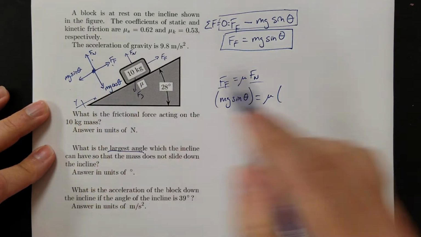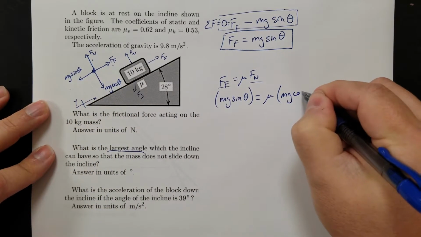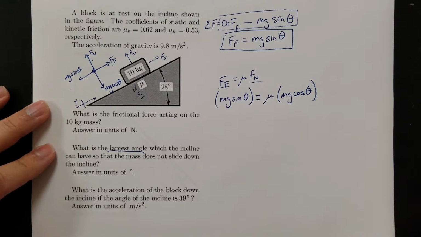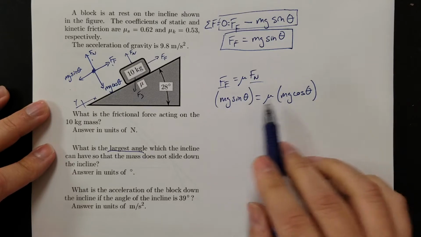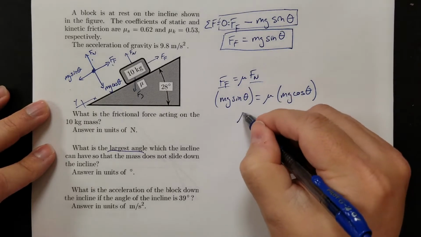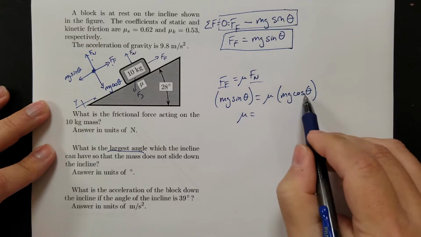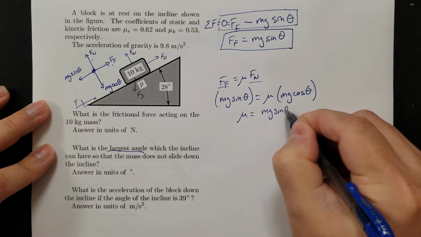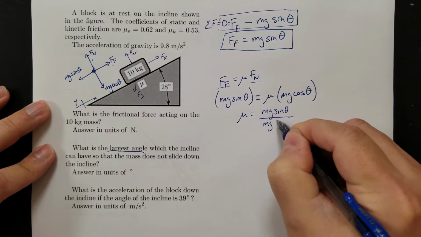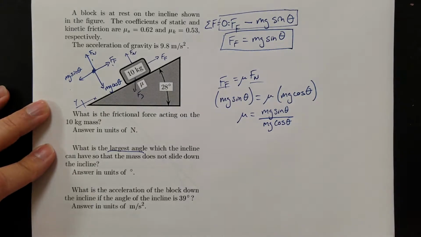Normal force has to equal mg cosine theta. And so now if I combine these, I'm going to get mu. Mu is equal to mg sine theta over mg cosine theta.